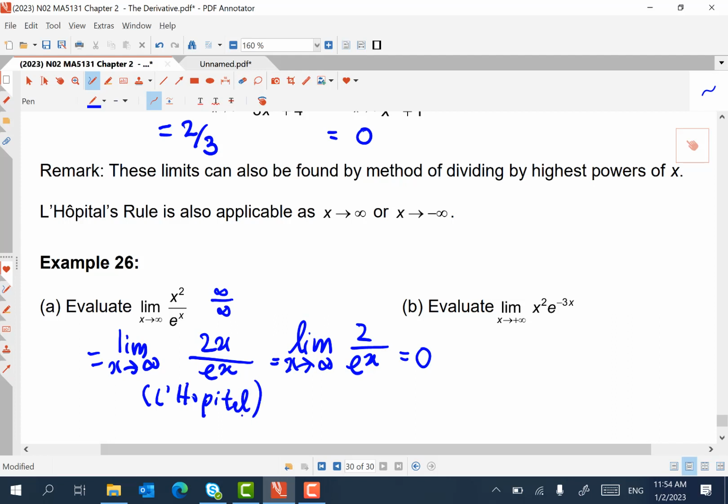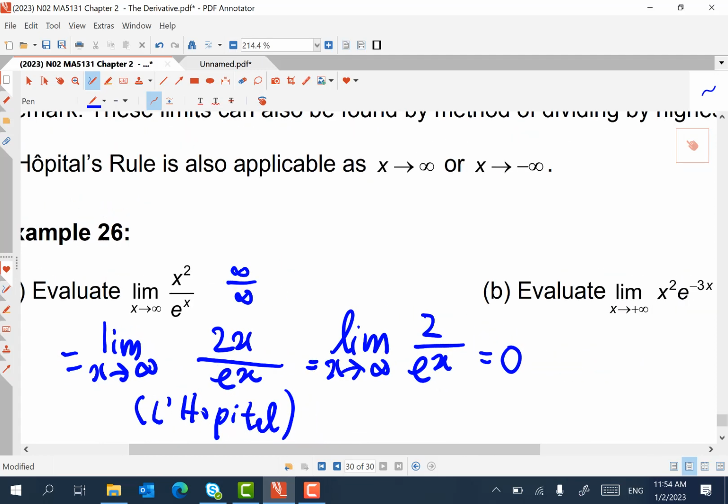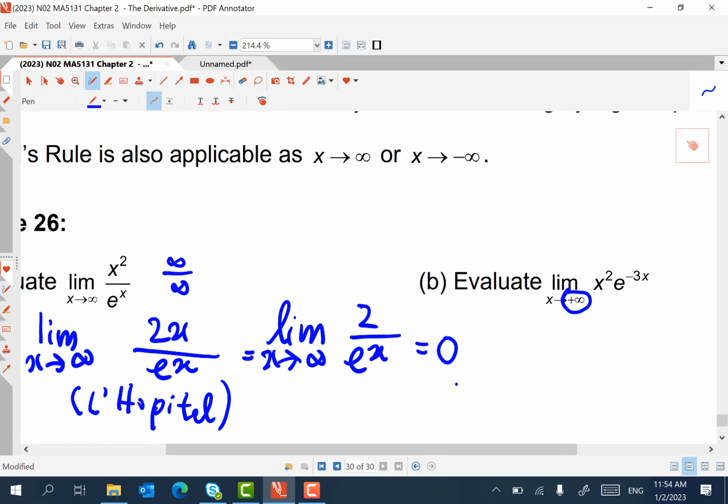So why did they put the plus infinity there? Yes, you're right, it's redundant, Aditi. We will remove that next time. This one is the same as the earlier question.